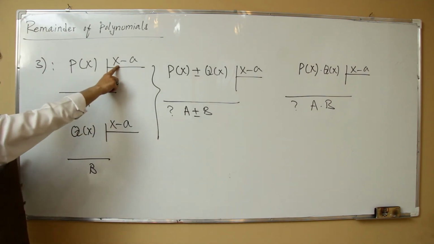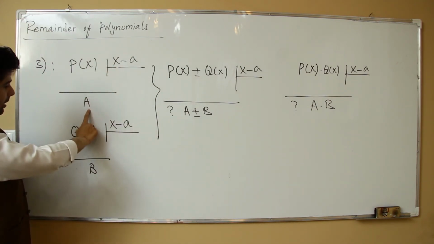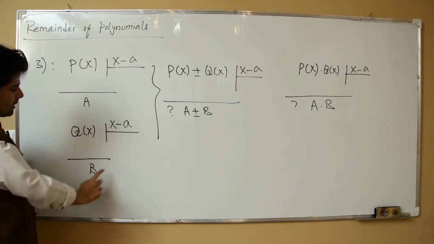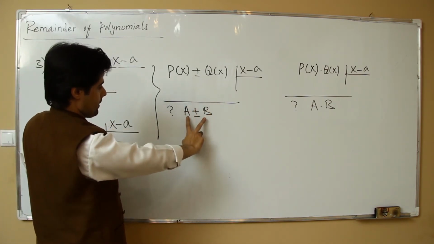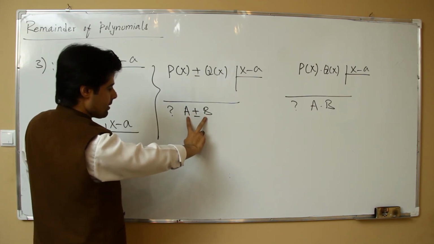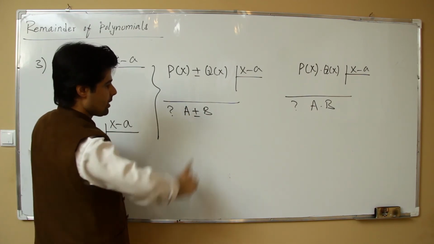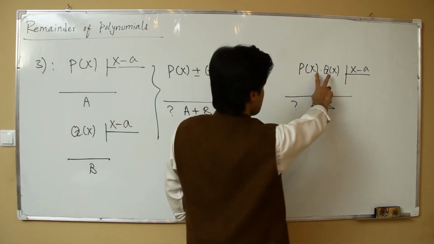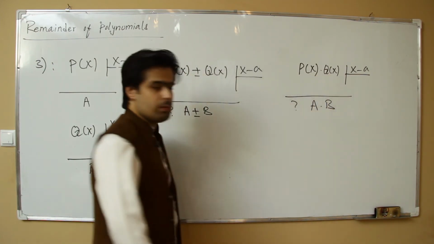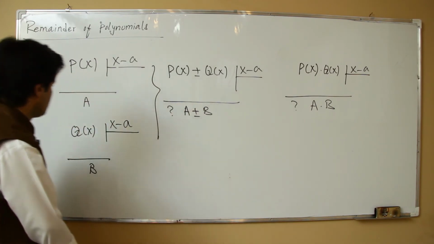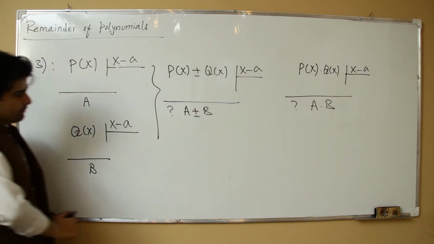If p(x) is divided by x minus a, the remainder is a. q(x) divided by x minus a, the remainder is b. For addition or subtraction, the remainder is once again the addition or subtraction. If we multiply these two, the remainder would be the product of a and b respectively.